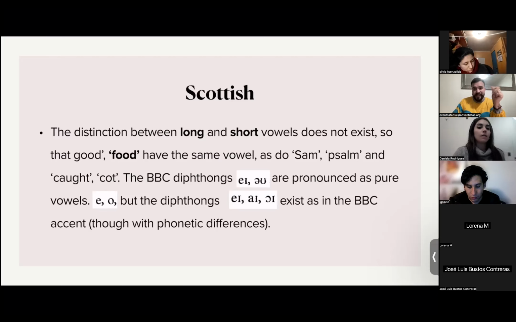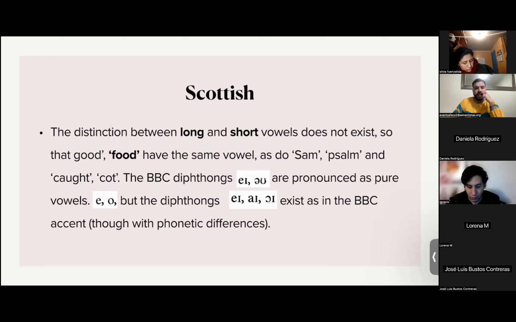So in the Scottish accent, that distinction does not exist. We're not going to find differences between long and short vowels. They're not going to say bean and bin differently. We are going to have the same pronunciation for those speech sounds.